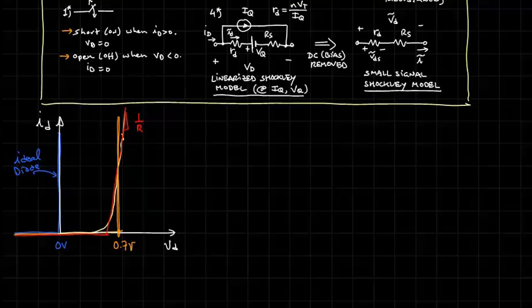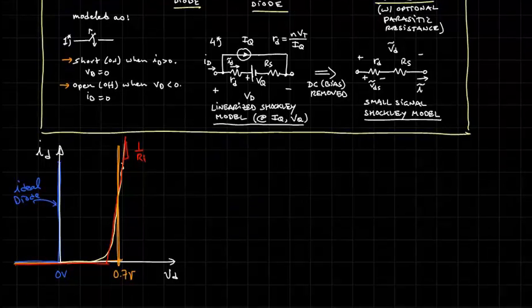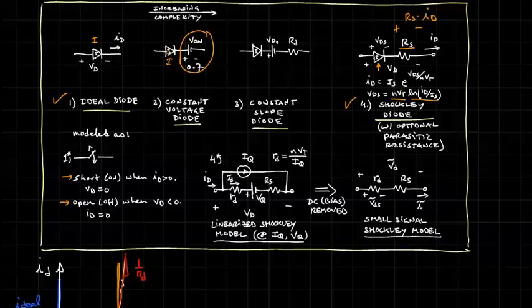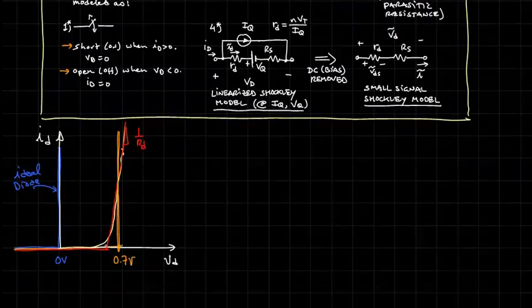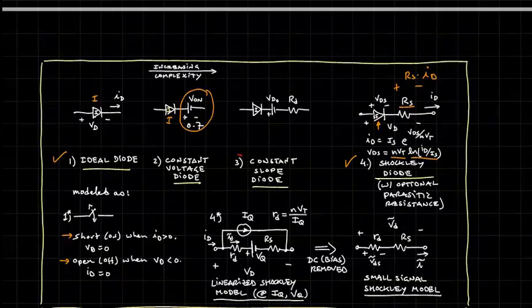and we'll say it's 1 over, what did I call this? 1 over RD, capital RD, and then we'll say VDO for this voltage here. So the way that we make that model is with what we'll call a constant slope diode.